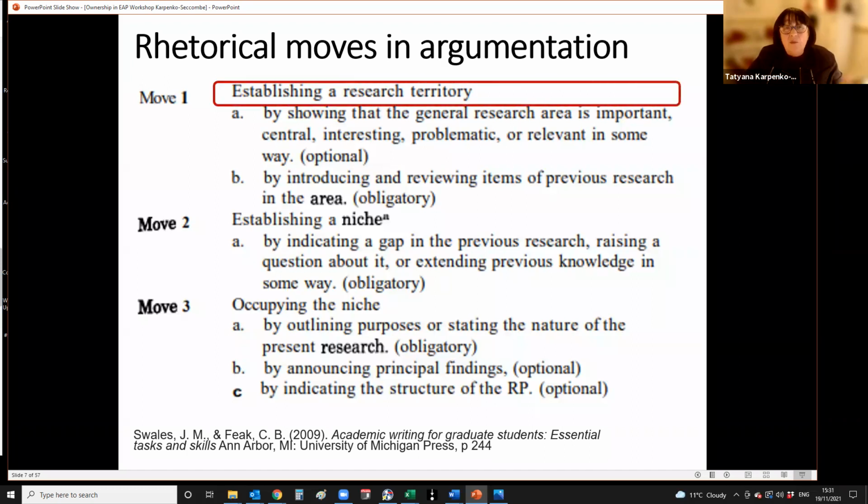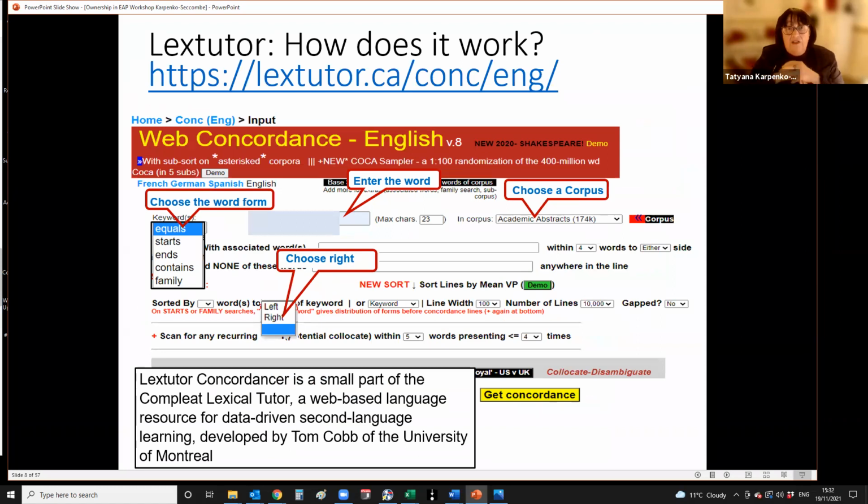So, starting with establishing research territory, which is usually based on stating the importance of the area and the previous research, and using Lex Tutor Concordanza for that. If you haven't used it, please follow the link if you want to replicate everything that I'm saying. Well, if not, then you're just welcome to see what is there, maybe to use it at a later date.